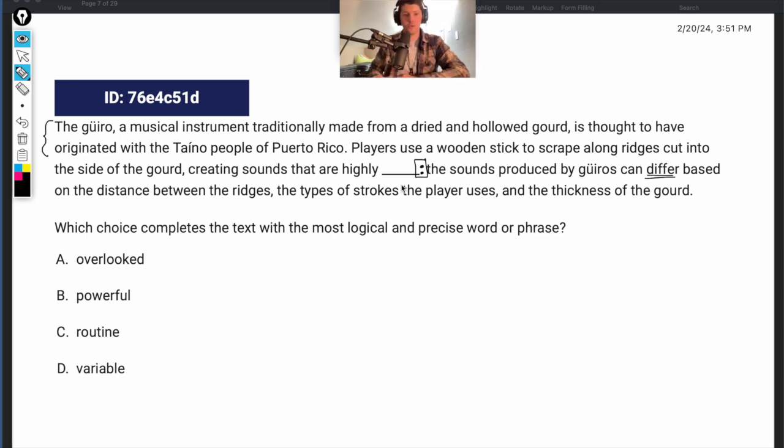So I think changeable. That's not overlooked. Changeable is not powerful. Changeable is certainly not routine. Changeable is variable. Right? The sounds are variable, and then we describe what we mean by that. The sounds can differ based on these different things. Right? There you have it. I'll move on to the next one here.